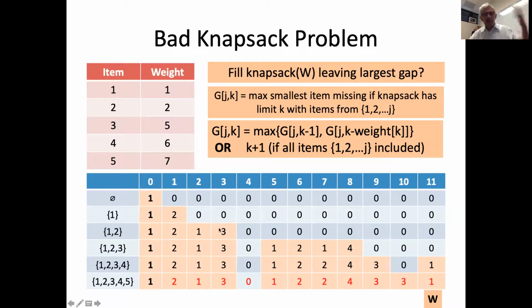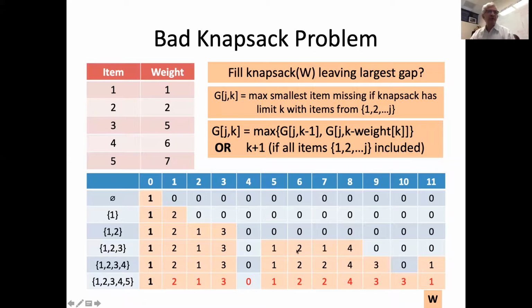And this says the smallest item I'm missing is number 3. But then number 3 is what I'm adding here, right? So therefore, I'm not going to be missing 3 anymore. Instead, I have to up it. That's why I'm putting 4, because I can't just put 3 here. 3 is the last item I just added. So therefore, I have to increase it. So that's why I call it 4, which is out of that range.